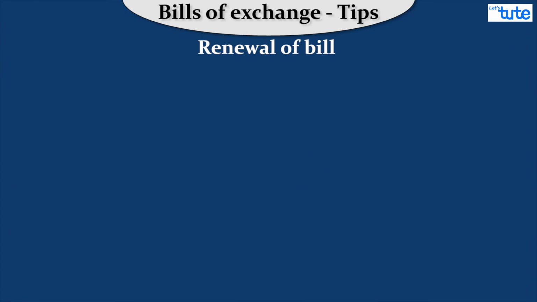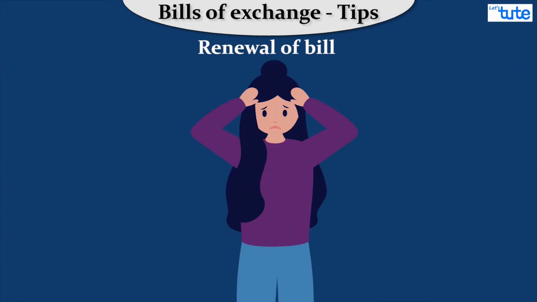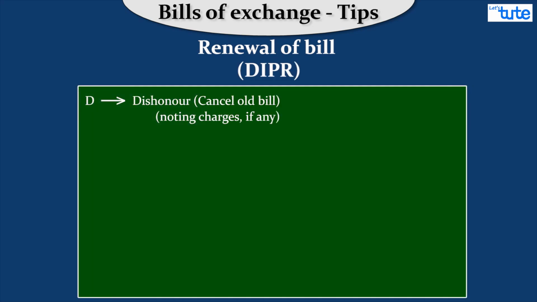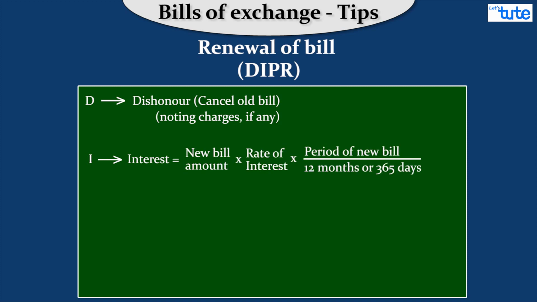In case of renewal of bill, students many times forget to cancel the old bill, or they get confused as to which all entries will be required. So here you can remember diaper, that is DIPR. D for dishonor, that is to cancel the old bill. Past dishonor entry, account for noting charges if any. I stands for interest charged by drawer on drawee for extended period on the new bill amount at prescribed rate.